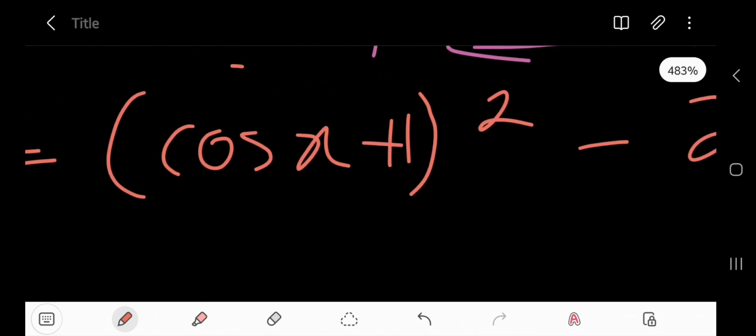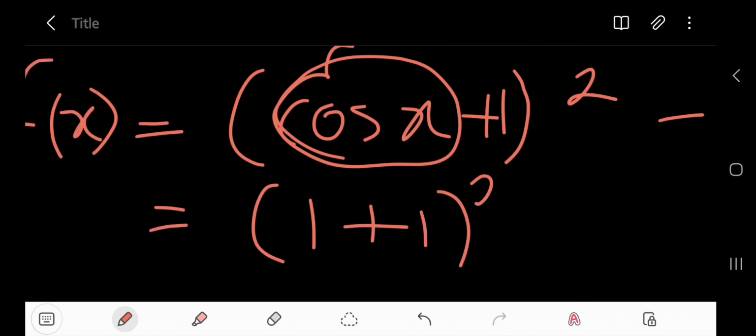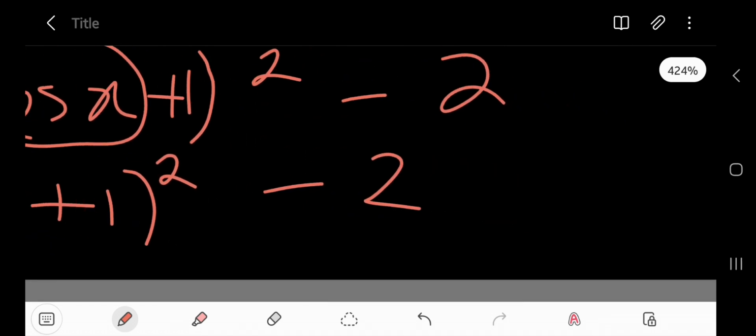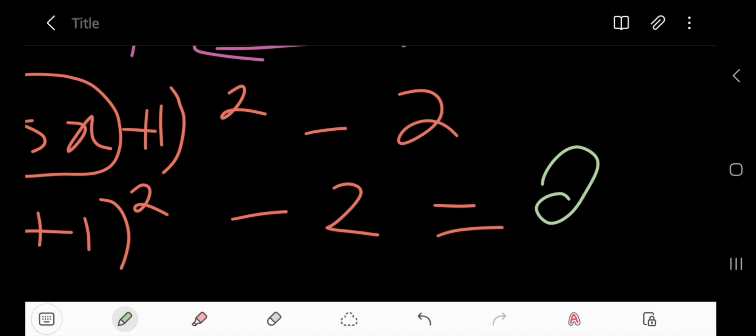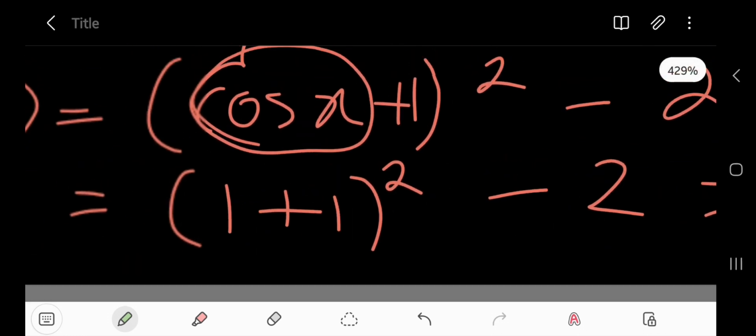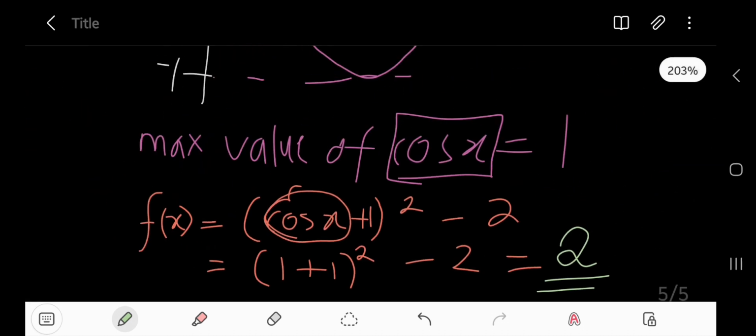So now that we found that the maximum value is 1, we're just going to replace it like that. So this is how these types of questions work. We can just square that minus this, which gives us a value of 2, because 1 plus 1 is 2, 2 squared is 4, 4 minus 2 is 2. And then we are done.